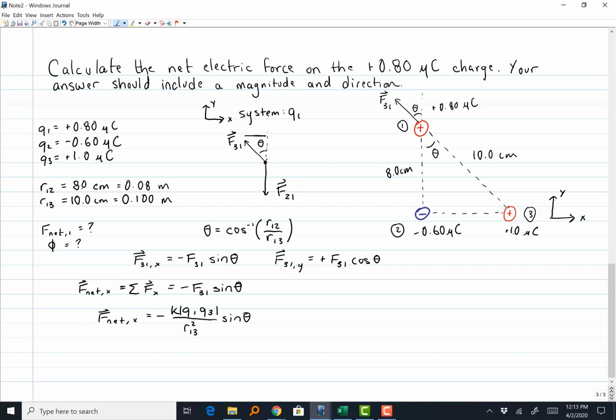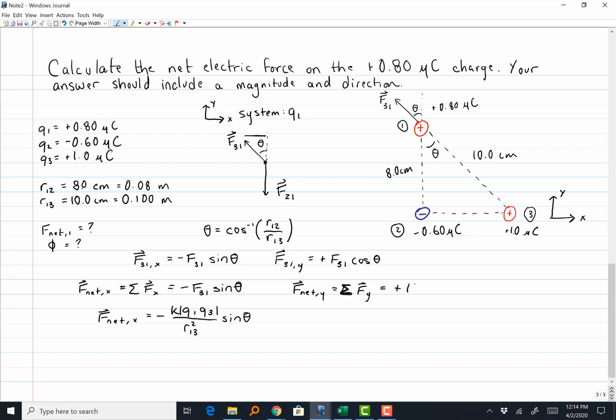And then I can also find the net force in the y direction. So the net force in the y direction is equal to the sum of the forces. That's a sketchy sigma. Sum of the forces in the y direction. So I've got the y component of the force from 3 on 1, and that's going to be positive.